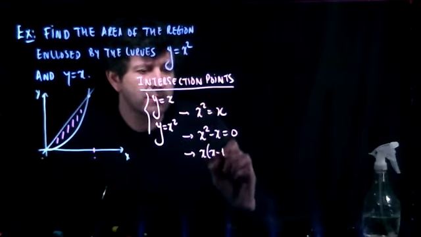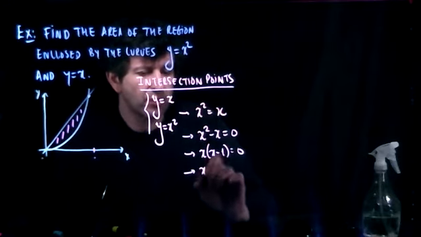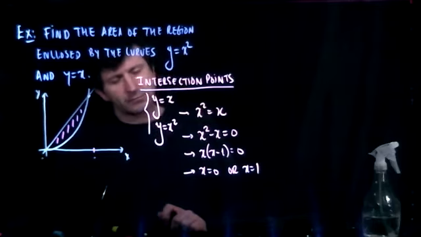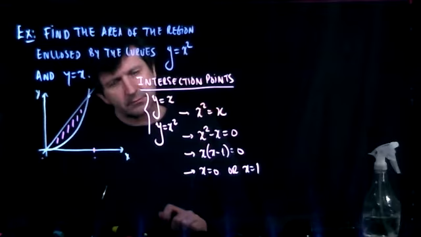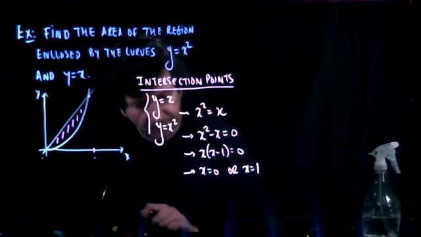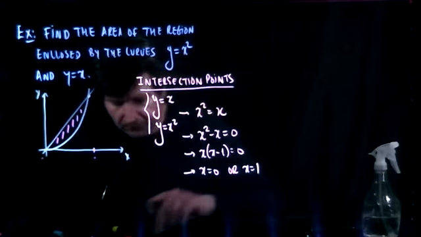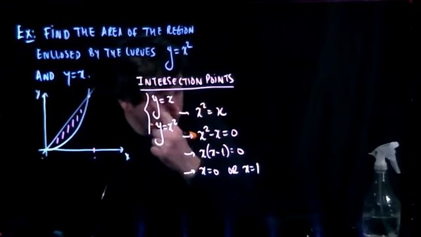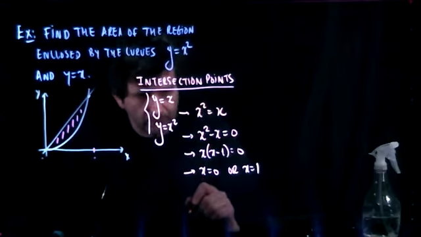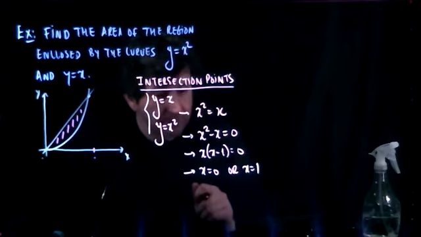So x times x minus 1 is 0, and therefore x is 0 or x is 1. Is this clear? So this is how we find A and B.